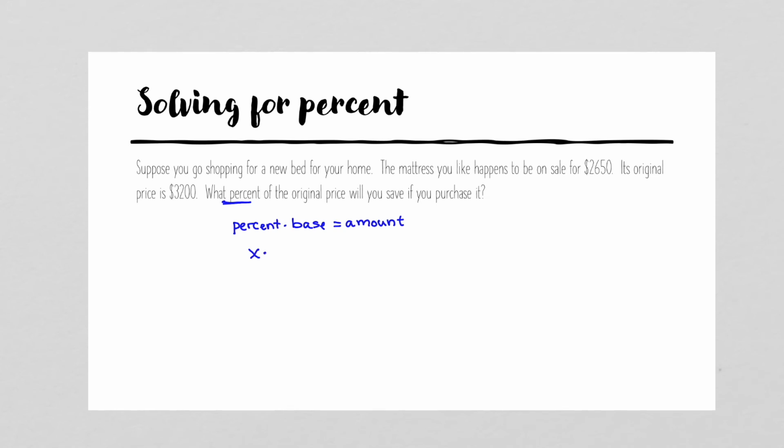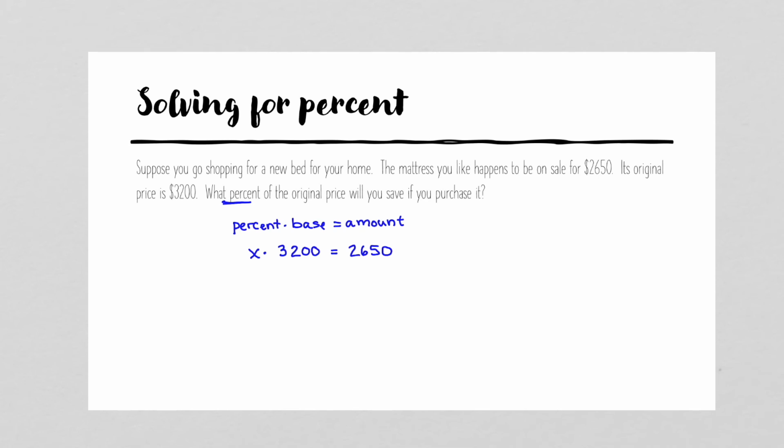But remember, when we're talking about discounts, our base is going to be our original price. So the original price is $3,200, and that's what we're taking a percentage of. So percent times 3,200 equals our amount. That's our sale price, which is $2,650.